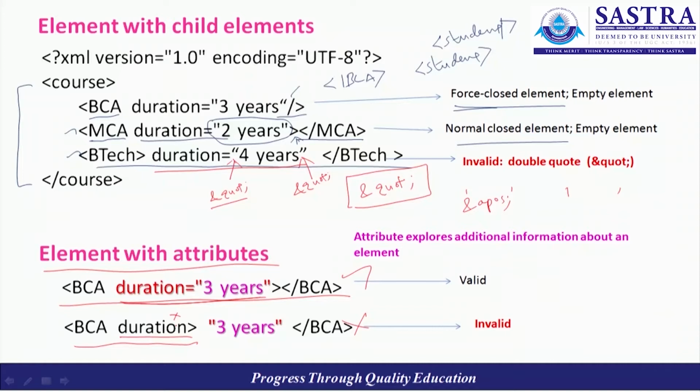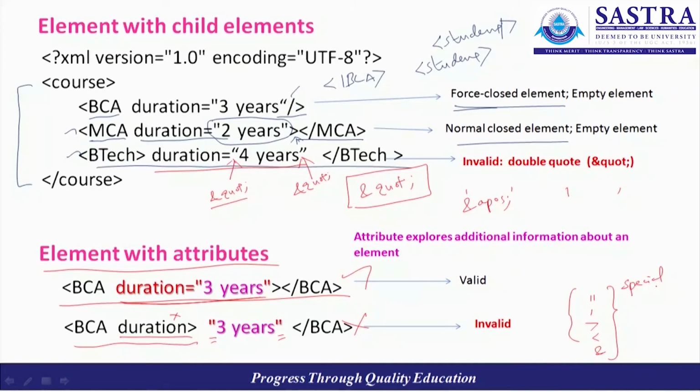And one more invalid thing is that a double quote has been used here. Actually we should not use double quotes, single quotes, the greater than symbol, the less than symbol, as well as the ampersand, because these are special entities, special symbols.